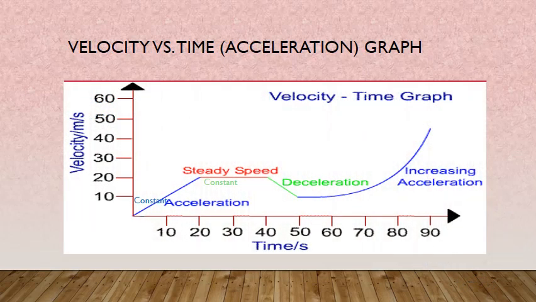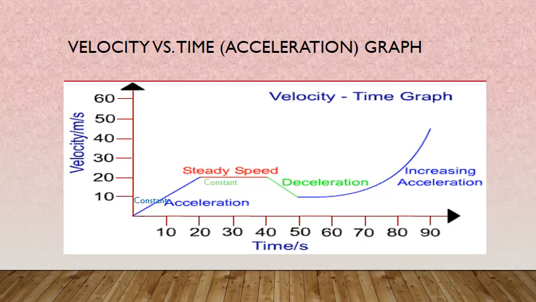Now the velocity time graph. Already you have learned about the distance time graph in the previous classes. Now the velocity time graph. Time is the independent quantity, on the x-axis, and velocity is the variable quantity on the y-axis.